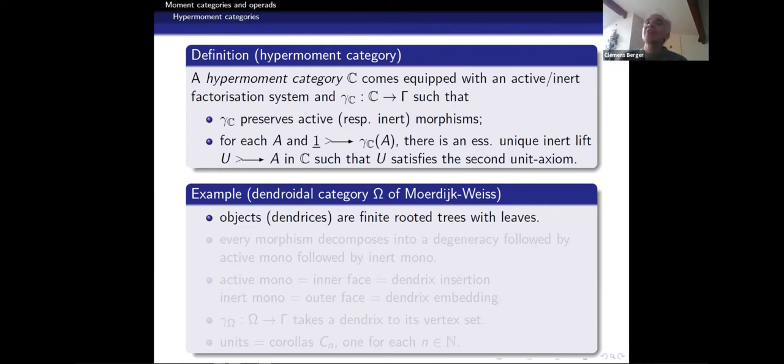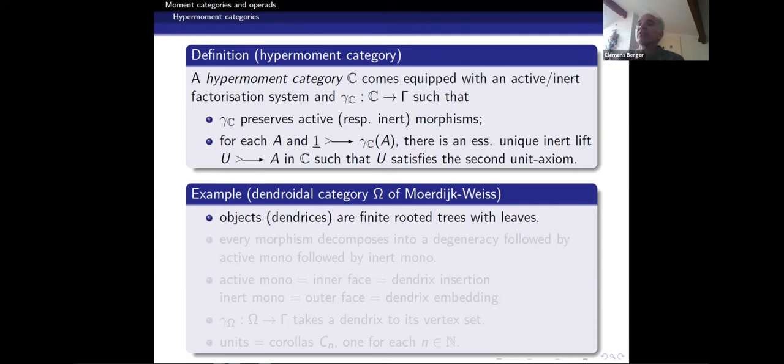So you have two factorization systems, and they combine into a triple factorization system. So every map factors into an epi, which is a degeneracy, followed by an active monomorphism, followed by an inert monomorphism. The epis are also active if you want.